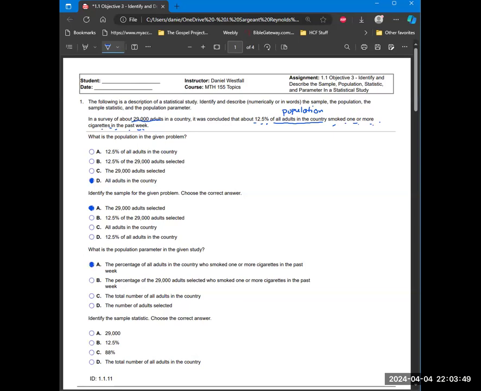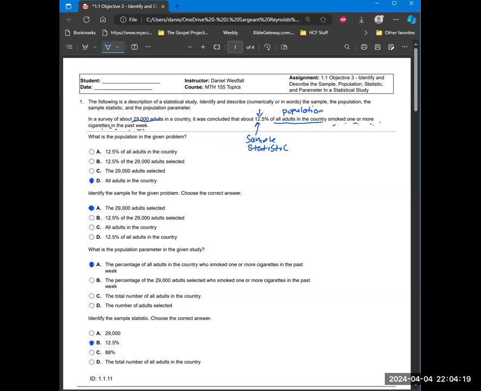And then last question here, identify the sample statistic. So the statistic is right there, the 12.5%. So this is the sample statistic.